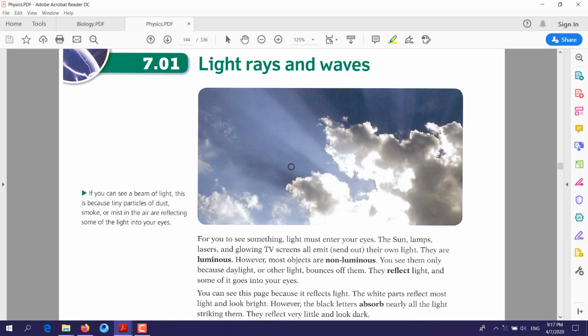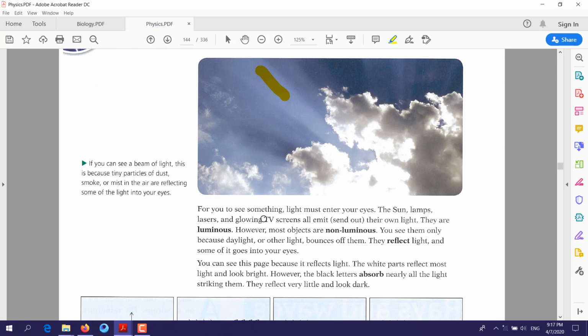If you look at this picture, you will see clouds and these waves, or these are the light rays. To see any object, the light must go to your eyes, it must go through your eyes, inside your eyes.